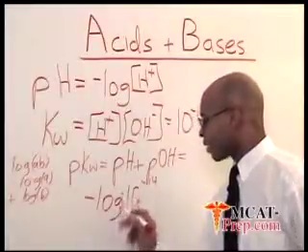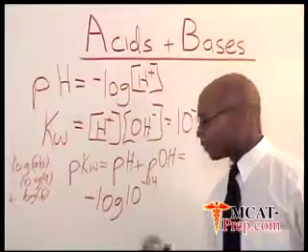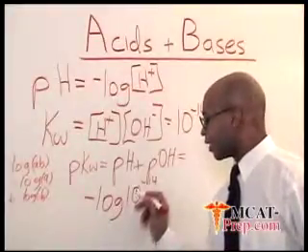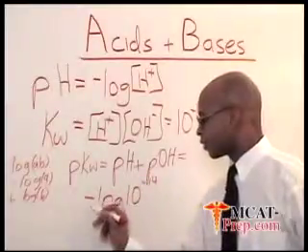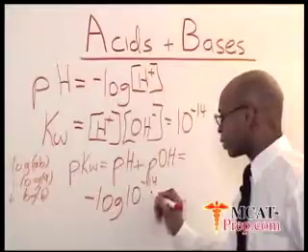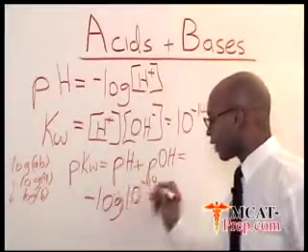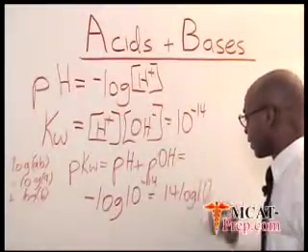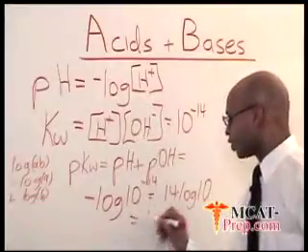If you have log base 10 of 10, then you can take the exponent and bring it to the front. So this is equal to 14, because we'll have a negative sign and negative 14, so that's 14 log 10. And log 10 is equal to 1. So all this is just equal to 14.